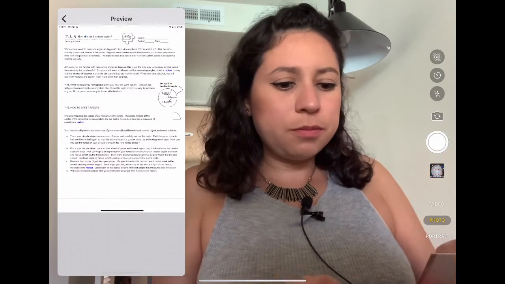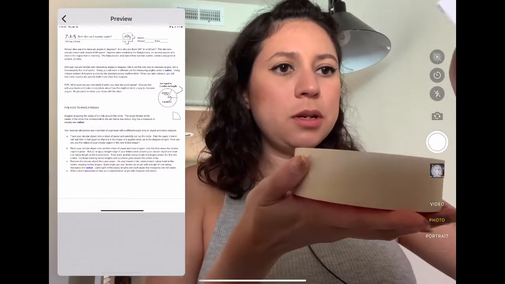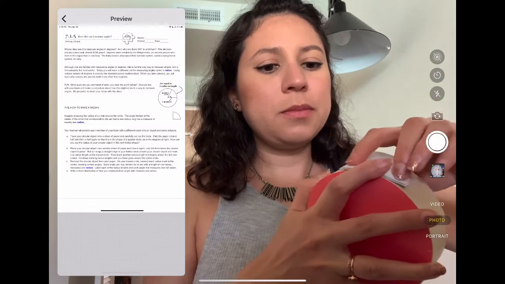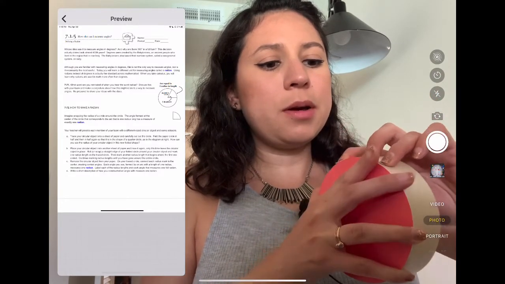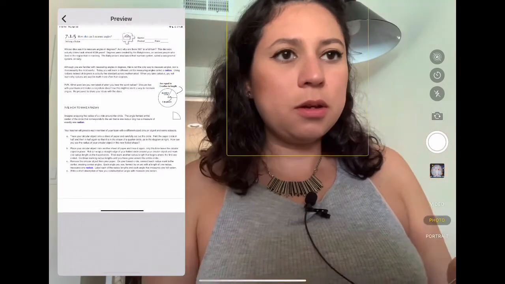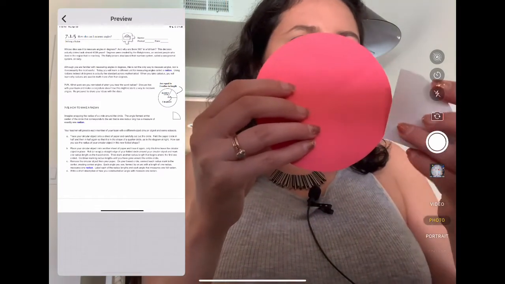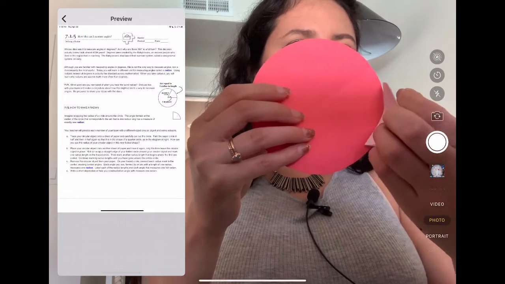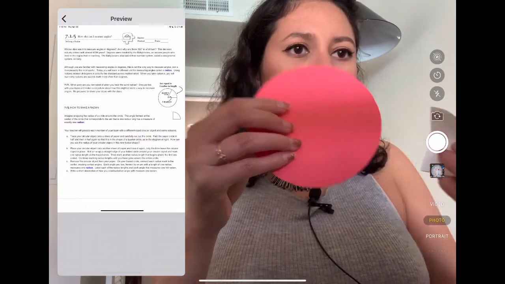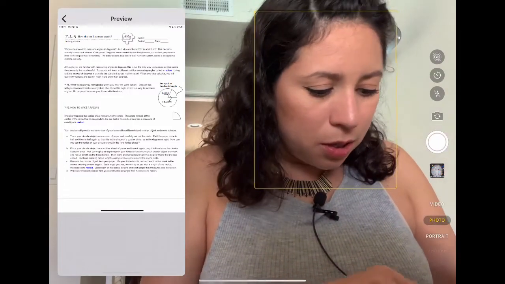So here's my paper, and then I'm gonna wrap it around and start marking the edges. So I'm wrapping it around like this, and then I mark it. Okay, so I'm gonna start and then I'll show you my markings.